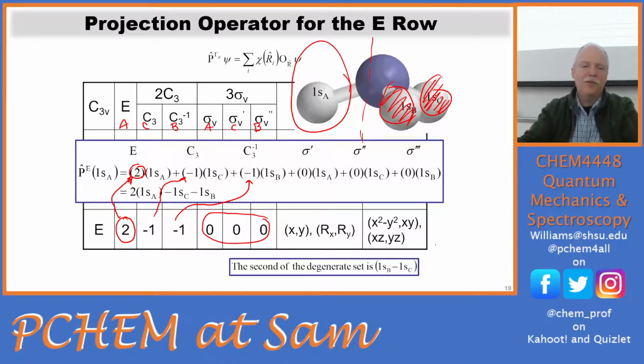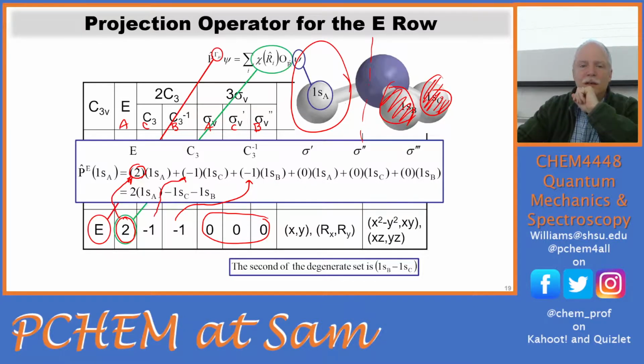We don't get that from the projection operator, though. We can't get that from this row. We just have to know if I've used A twice, then I use it 0 times here. I've used B and C once, here I use them once again. B and C have the same sign here, they have different sign there. So those are the 3 principles that you use to create the second of the set.